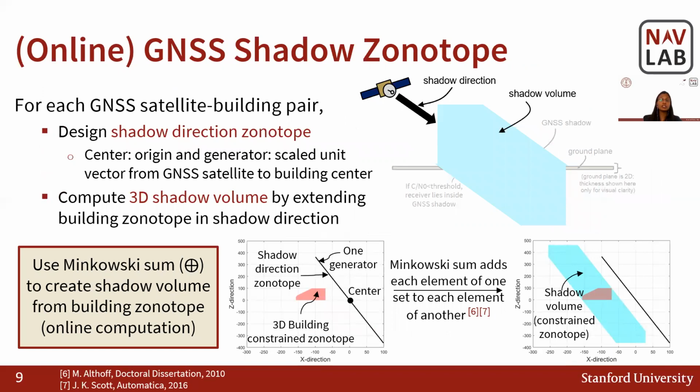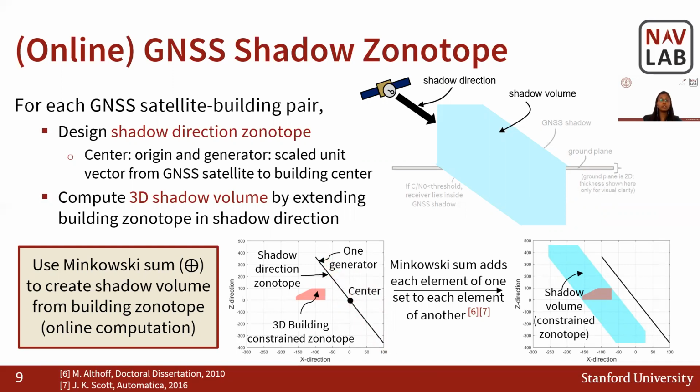In the next step, which is executed at runtime, we compute the GNSS shadow zonotope for each satellite-building pair. An example illustration of this set operation is shown in these bottom figures. First, we design a shadow direction zonotope by considering the center to be at the origin and the generator to be a scale unit vector from the GNSS satellite to the building center.